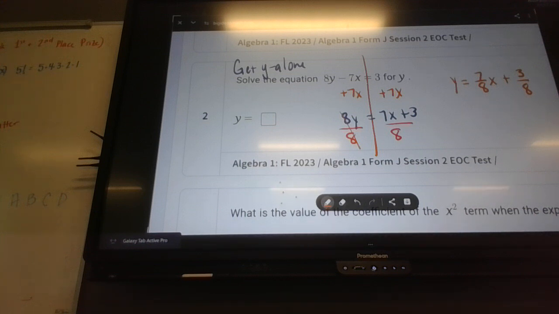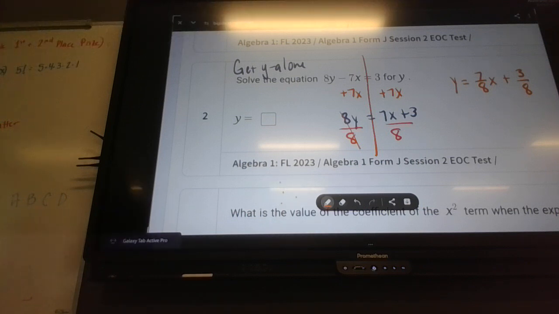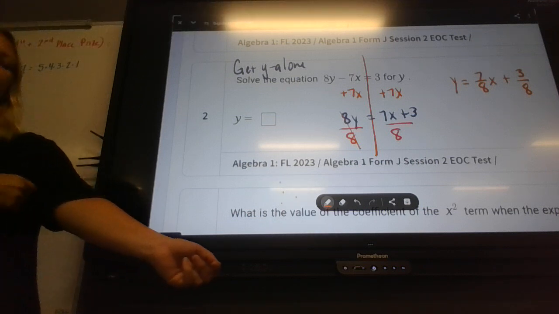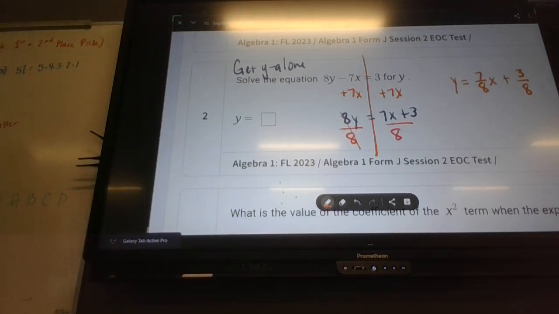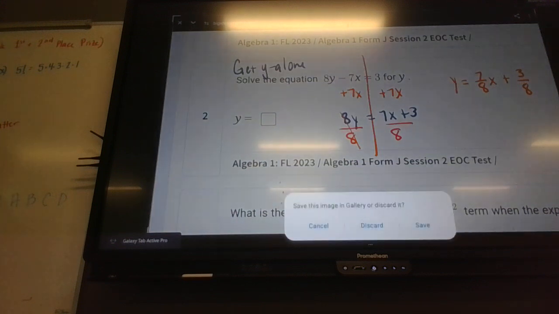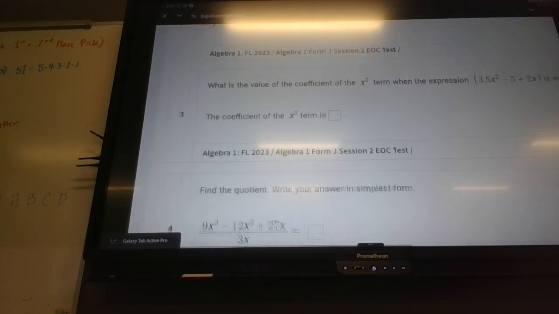No. All right, that's number 2. I'm moving on. Do you want to do it on the back of the reference sheet? All right. Number 3. It's okay. Just start with number 3. It's okay.